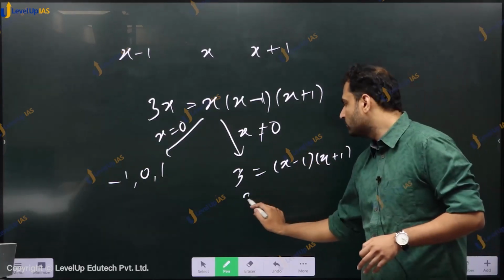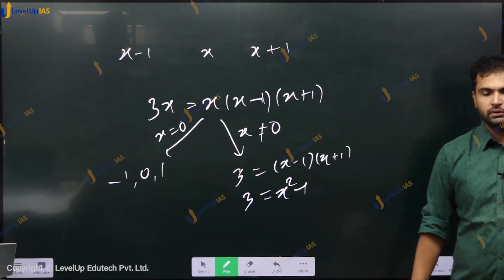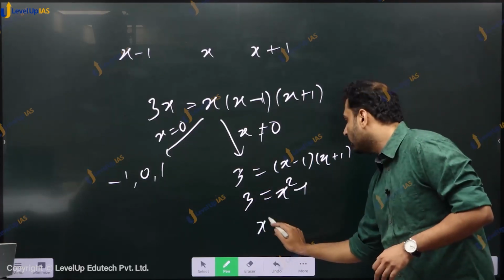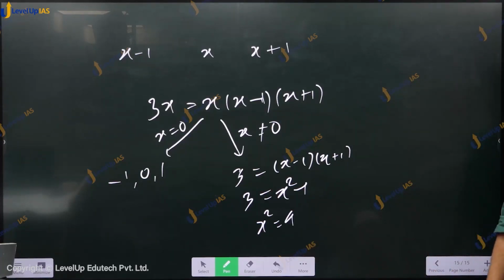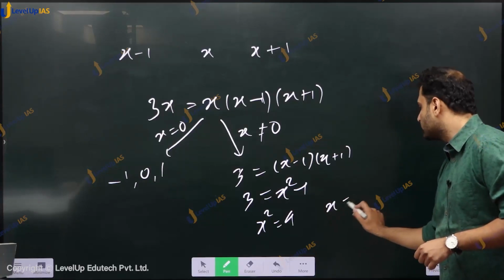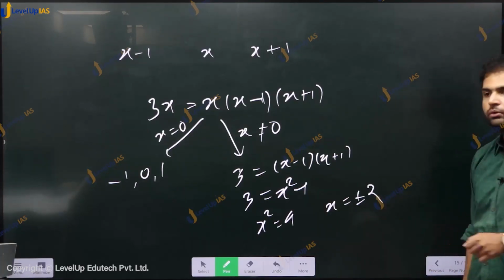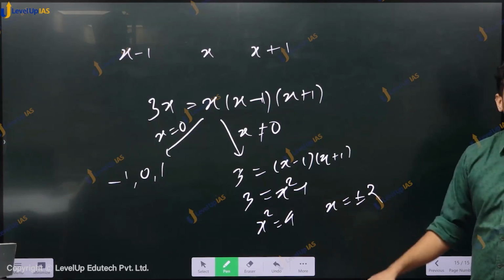We multiplied this, we got 3 is equal to x square minus 1. We took 1 on that side, we got x square is equal to 4. And then we took square root of both sides. We got x is equal to plus or minus 2. Why we took plus or minus 2 is because we were talking in integers.